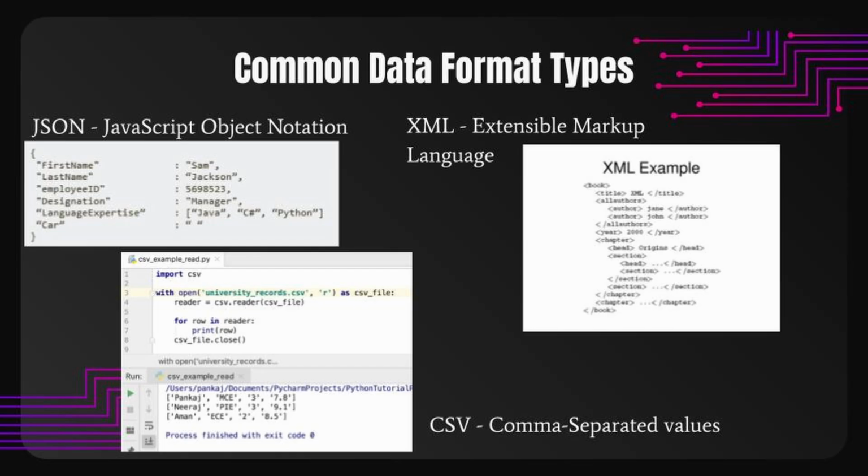CSV, comma separated values, is a simple tabular format structure which works well for spreadsheets and simple data sheets. CSV is limited to rows, unlike JSON and XML, which use nested structures.